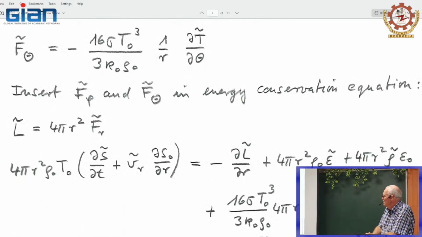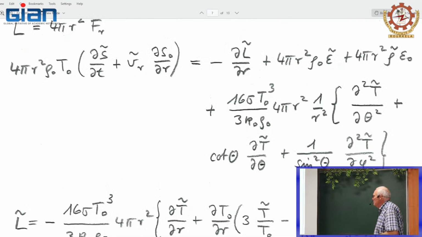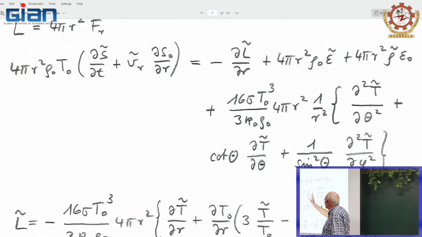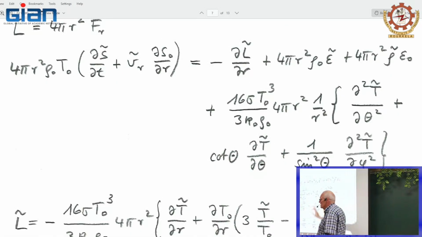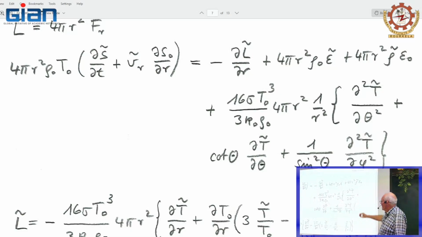Results for the next equation. This is the energy equation and the equation for energy transport. Well, the first part is theta and phi derivatives, and actually it's exactly the same combination of the theta and phi components as before, acting here on the temperature perturbation, which have been acting before on the pressure perturbation.